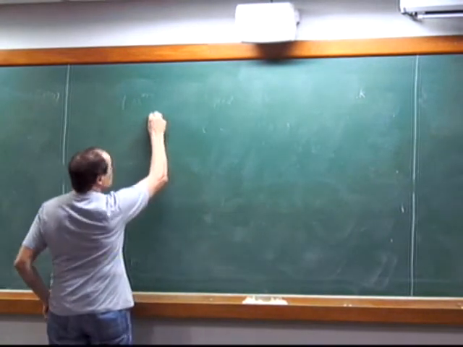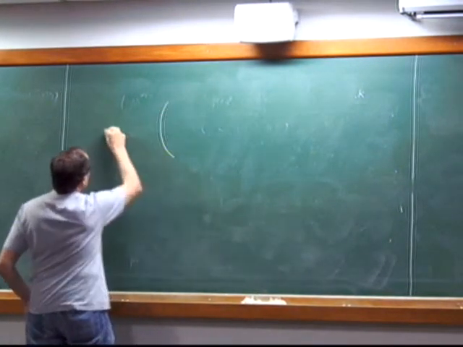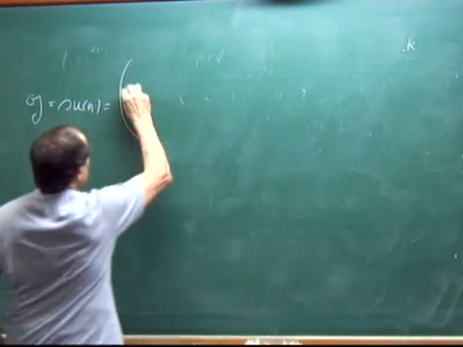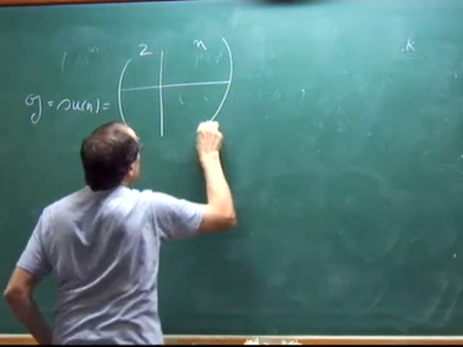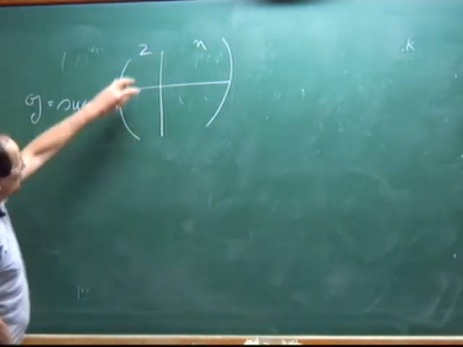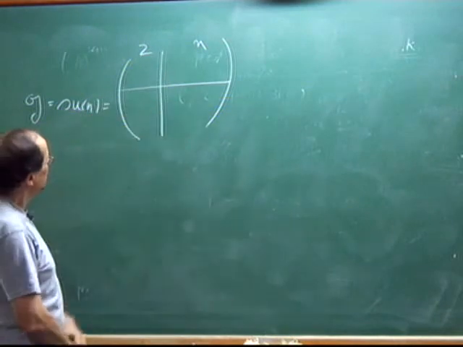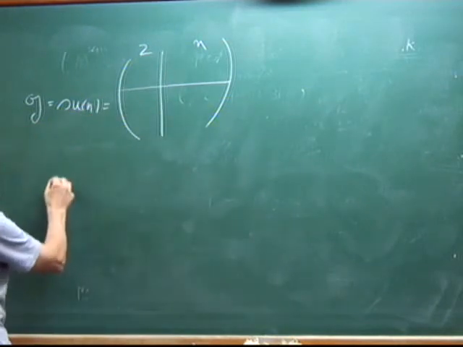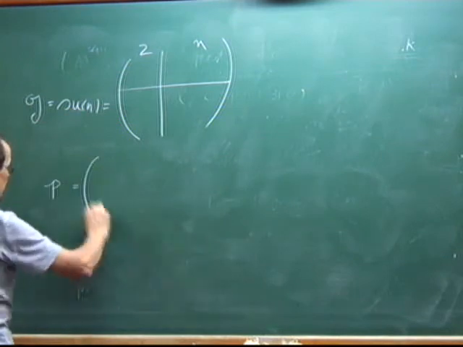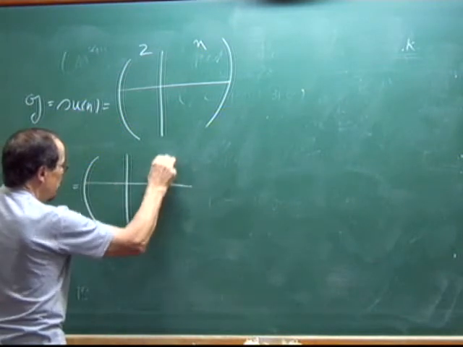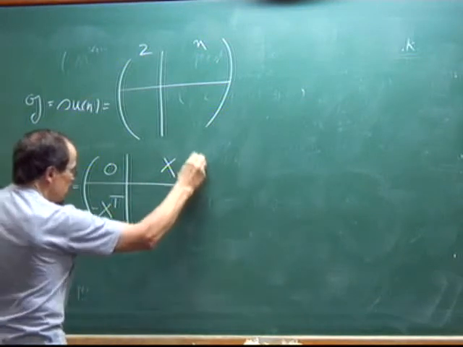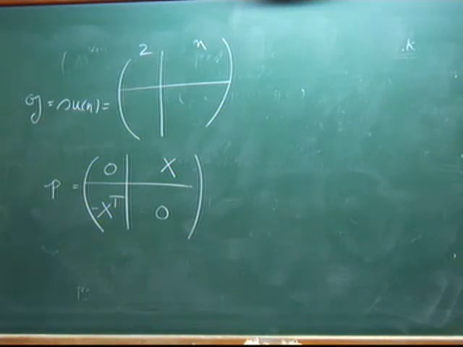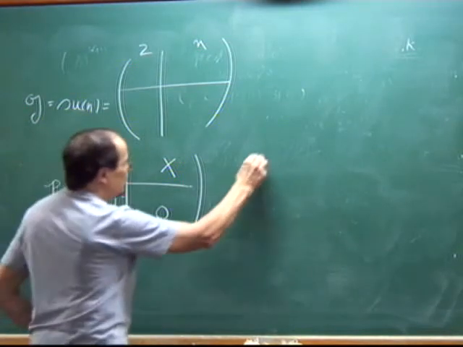So if I look at G, at the Lie algebra, it breaks up into block form. Here's my 2 by 2, here's my n by n. The stabilizer was a block here and a block here, right? And so that was my K. What was my P? The complement was something of the form X here, nothing in the diagonal blocks, and minus X transpose here, because it's Q-symmetric. So X had to be 2 by n.